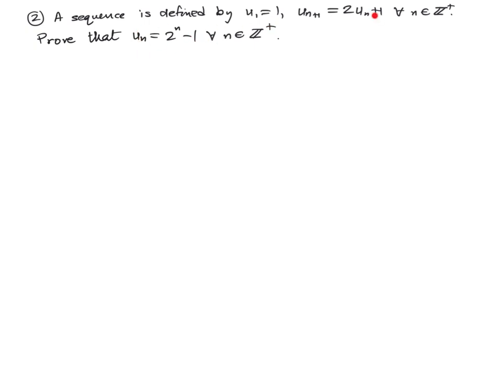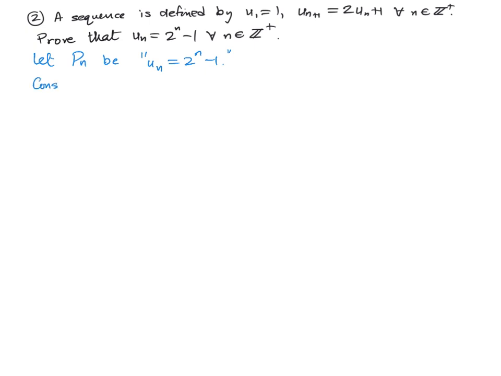So we're taking a recursively defined sequence and proving that we have found the explicit version of that sequence. So again, we will start with let Pn be un equals 2 to the n minus 1. That's the statement we want to prove.